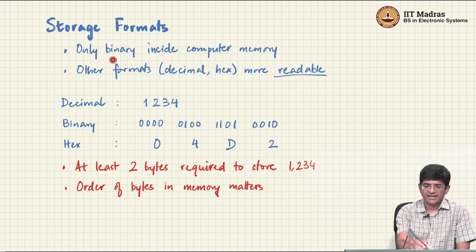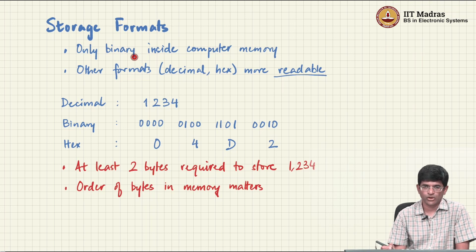Now binary is what is actually there, but on the other hand it is very hard for humans to understand. We would prefer to work with decimal of course, because that is what we grow up with, that is the number system that we are typically most comfortable with, because we have 10 fingers, so it is easier to compute or count in terms of multiples of 10.